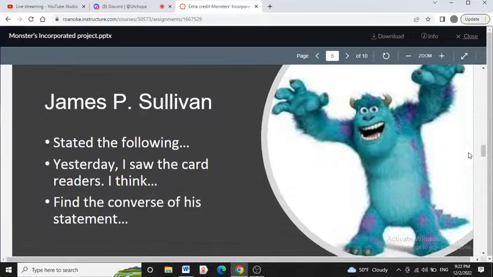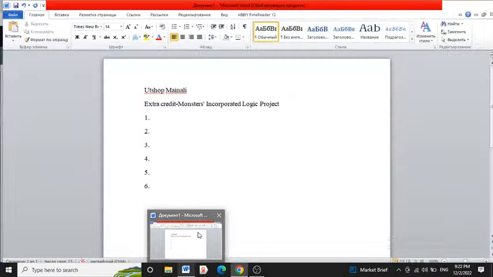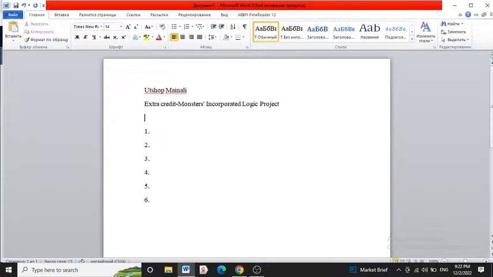Each monster has a statement, and you have to find something about the statement. So, for example, James P. Sullivan stated the following: Yesterday, I saw the card readers, I think. Your assignment is to find the converse of his statement. So what was his statement?